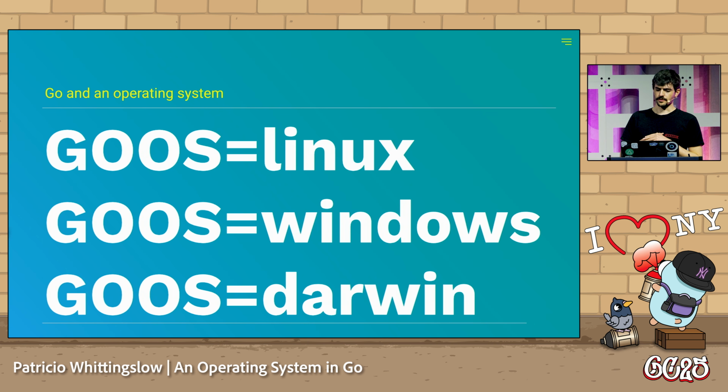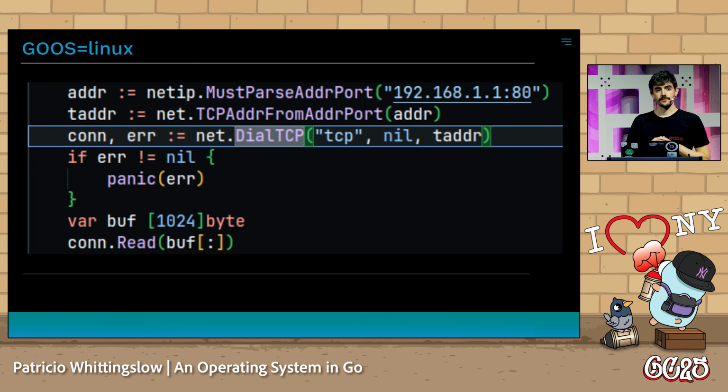Why do we need to tell the compiler what OS our program runs on? Ever wonder? Here we have a dial TCP call. This is the function that is called every time you want to connect to a TCP client server, whenever you send an HTTP request out.